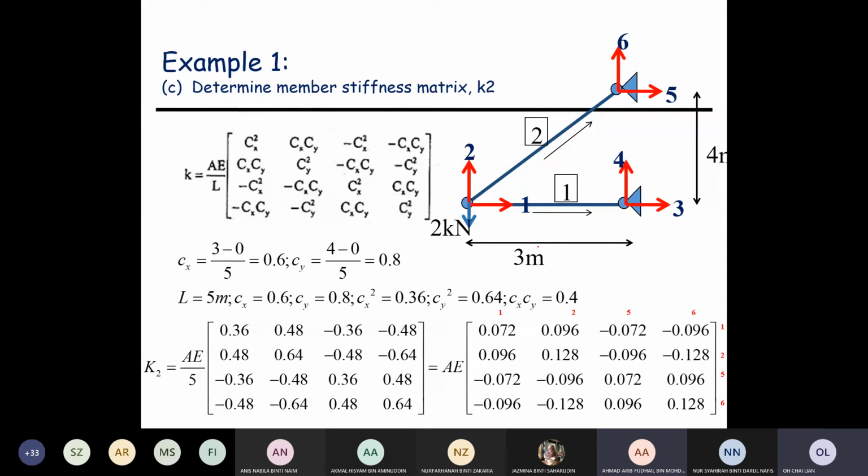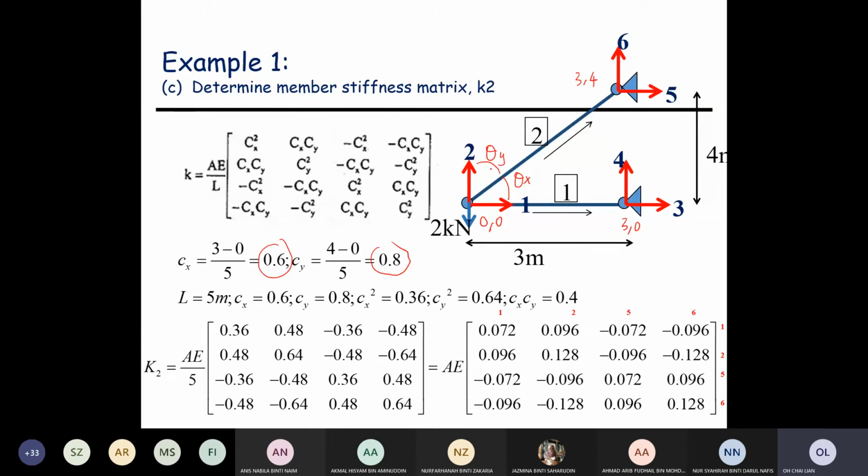You can try on element number 2. I give you maybe 2 minutes to try on this Cx and Cy. Let me copy back the coordinates. This is 0, 0, this is 3, 0, this is 3, 4. For now, this is element 2. This will be theta x, and this is theta y.